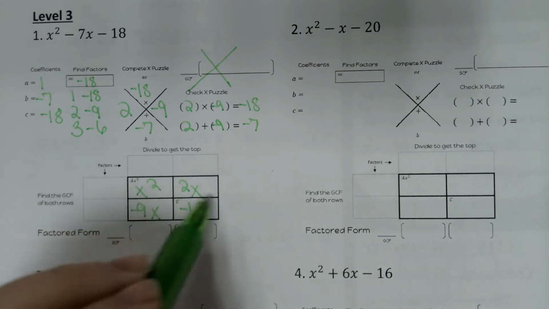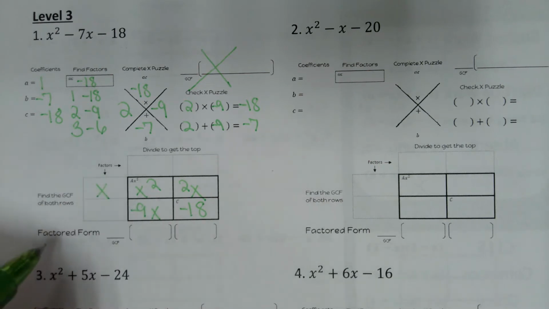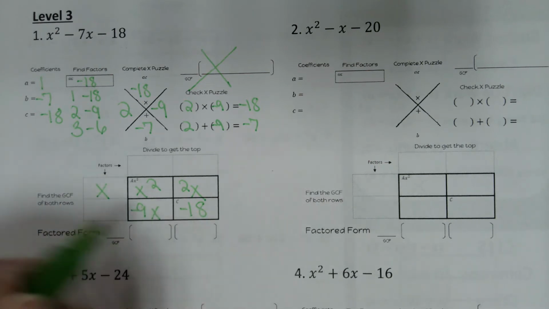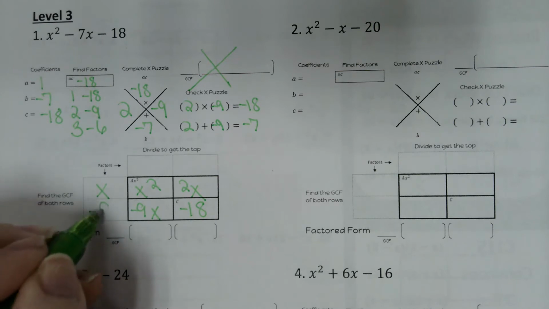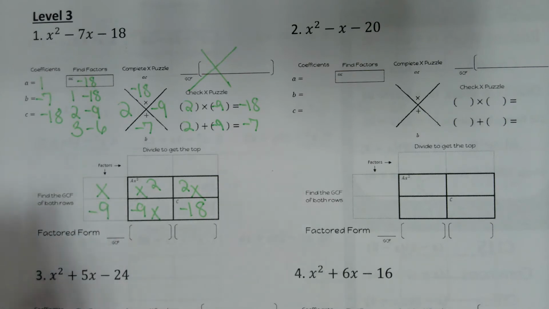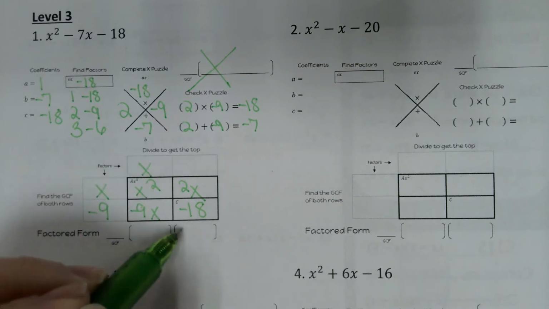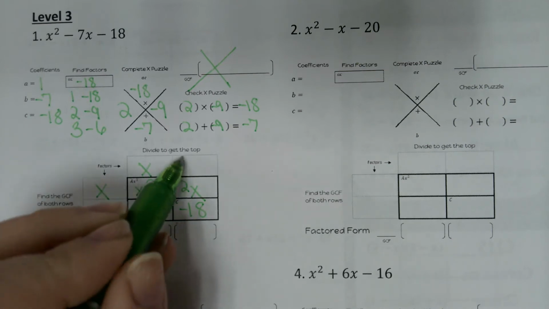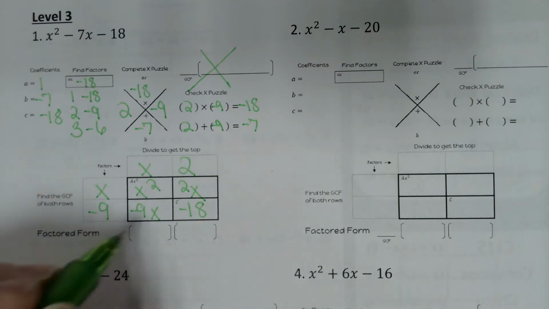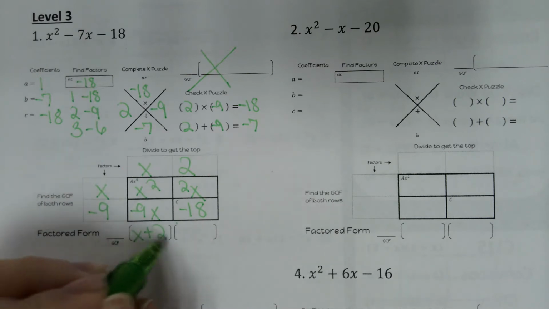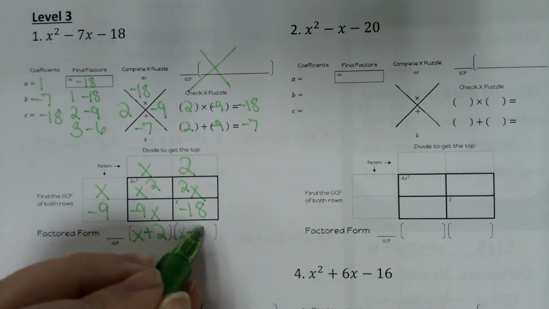What can I take out of the top? X. Out of the bottom, I can take a negative 9. The left side, I can take an x. And the right side, I can take a positive 2. So my factors are x plus 2 and x minus 9.